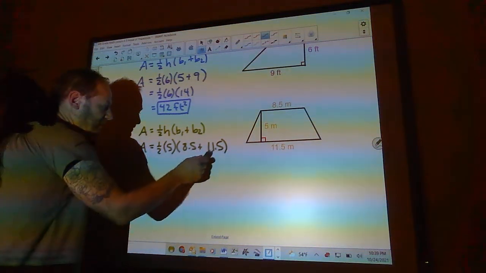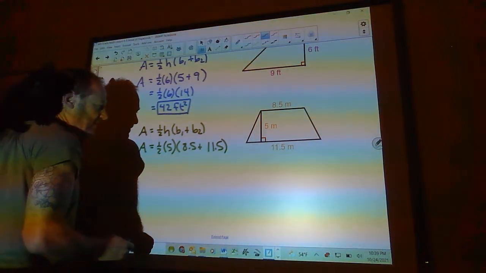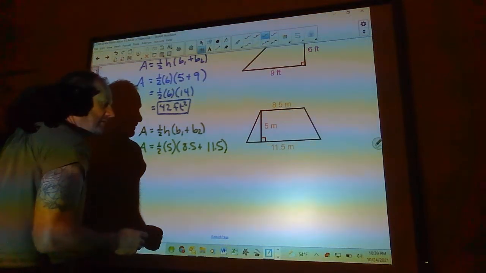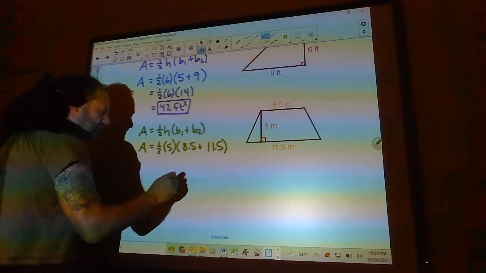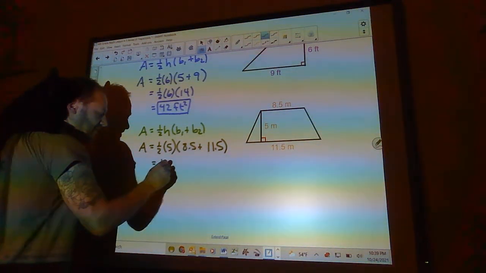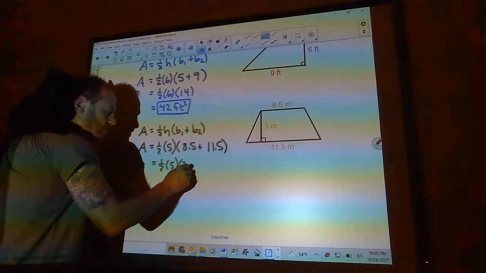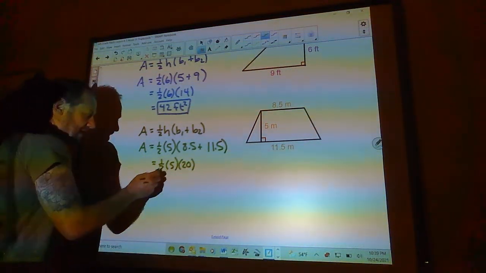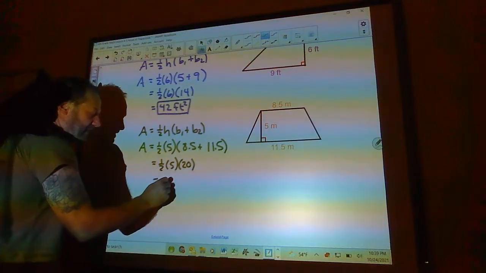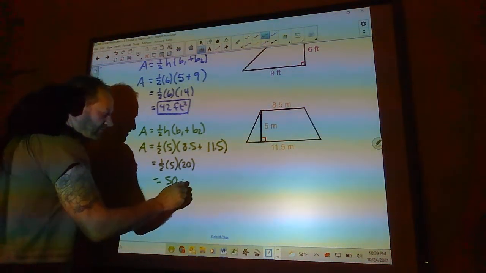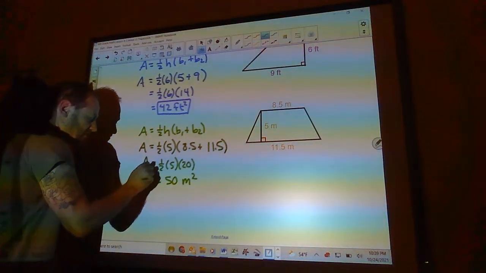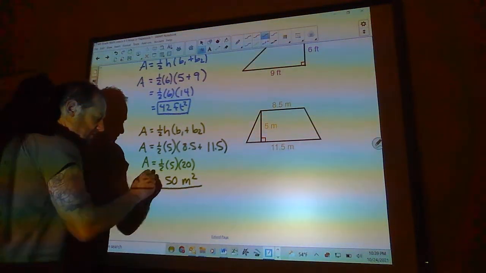Okay, so 8.5 and 11.5, that's 20, right? Yep. So this is 1/2 of 5 times 20. And half of 20 is 10, and 10 times 5 is 50. So this is going to be 50 square meters, just like that. And there's my area.